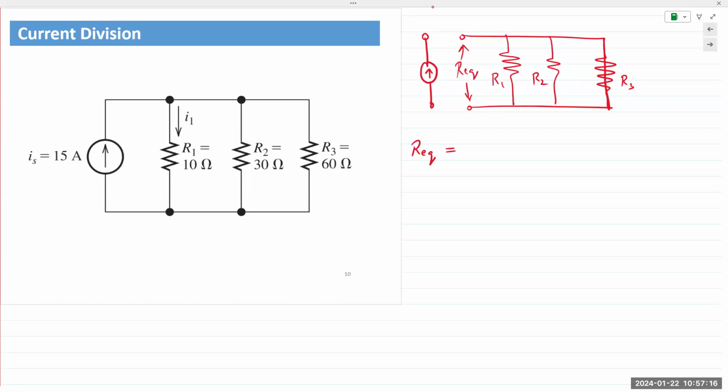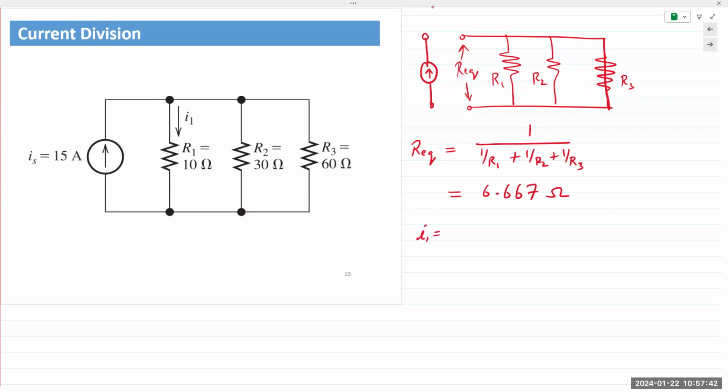So 6.667, parallel network. 2 plus R3 comes out to be 6.667 ohms. So if I wanted to find I1, apply current division directly.